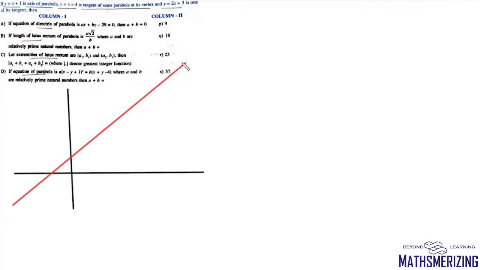Now, how do we solve this question? First, we'll draw this parabola. We have coordinate axes, and then we have this line y equals x plus 1, which is the axis of parabola, and then we have y plus x equals 4, which is the tangent at vertex, and then we have this parabola.